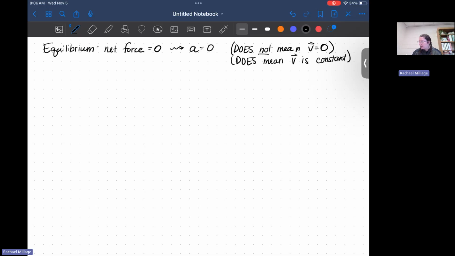That's equilibrium. Our net force, or the sum of our forces in all directions, is equal to 0. This is just another way of writing net force.